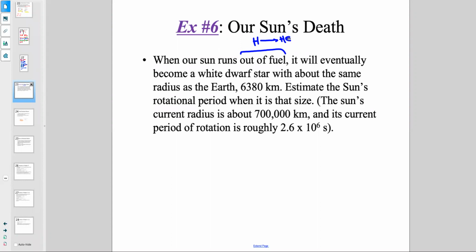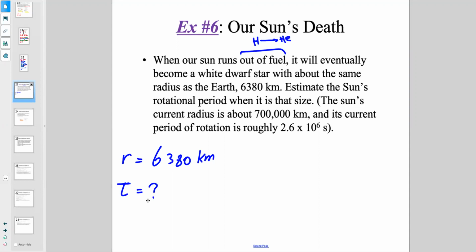It's about the same size and the same radius as the Earth. So 6,380 kilometers is the radius of the sun at that point. Estimate the sun's rotational period when it is that size. So we're looking for rotational period, or tau.